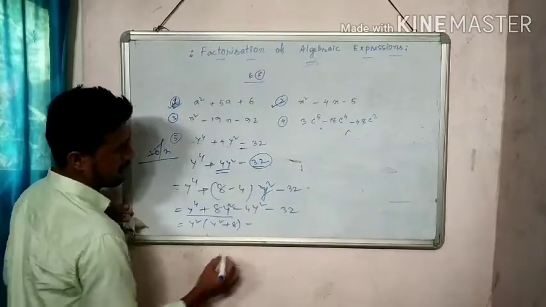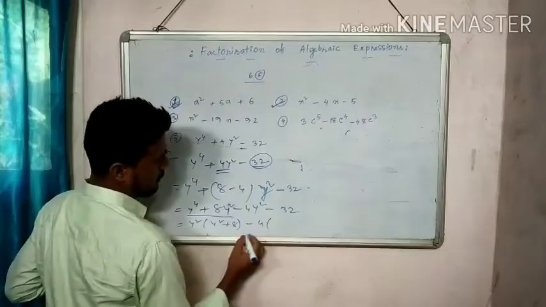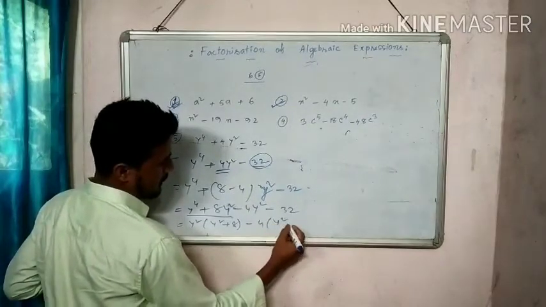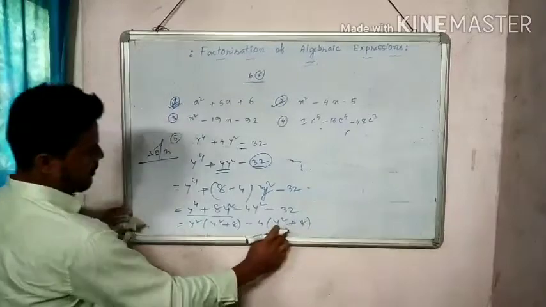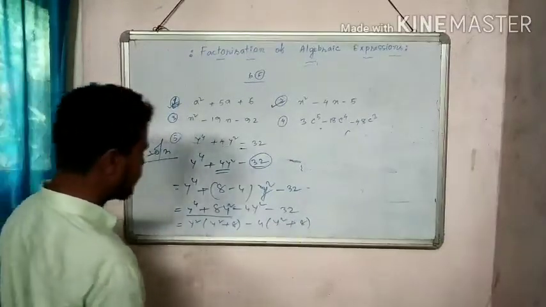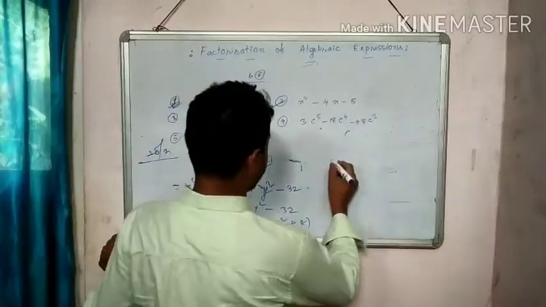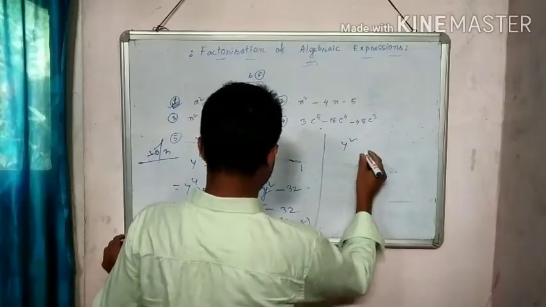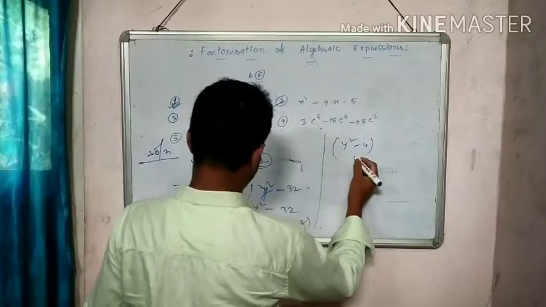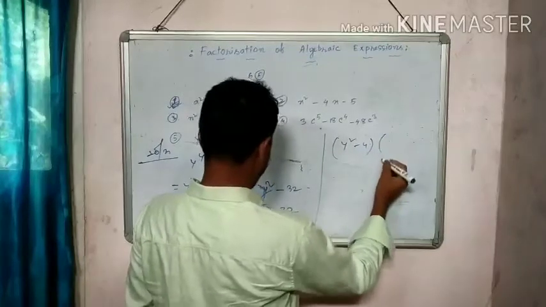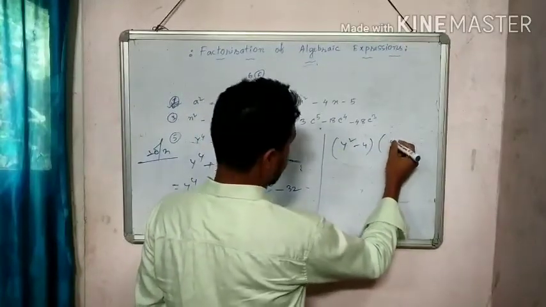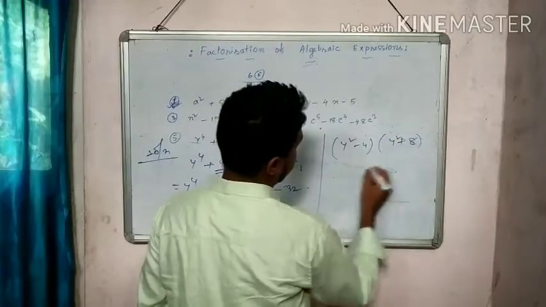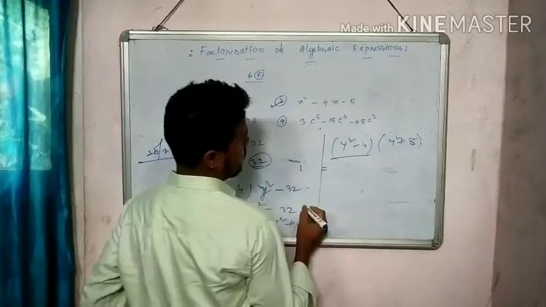From the last two parts take minus 4 common, leaving y square plus 8. So you can write y square minus 4 into y square plus 8. Now factorize this term.